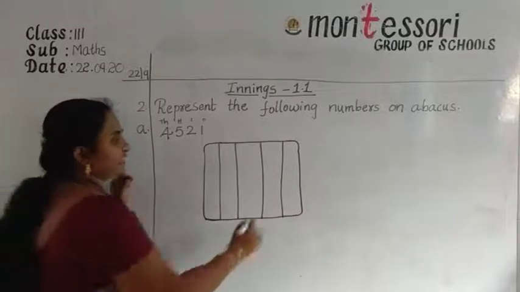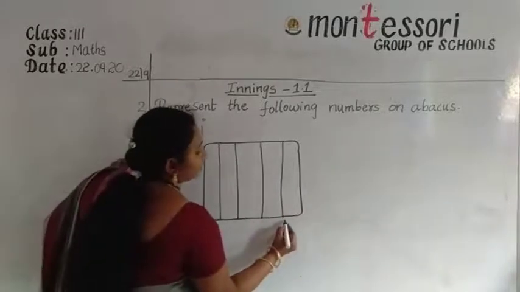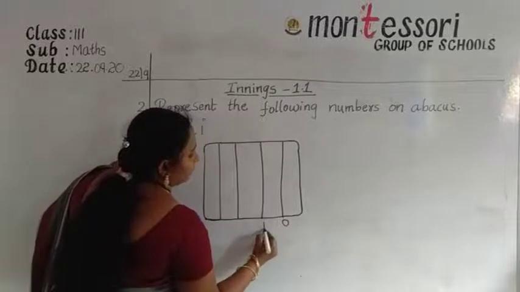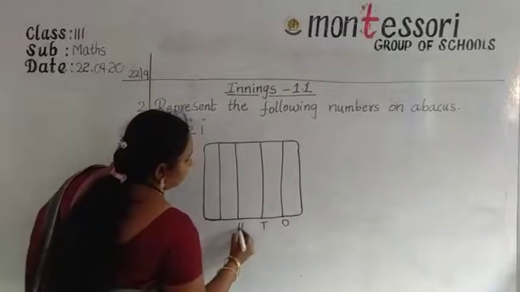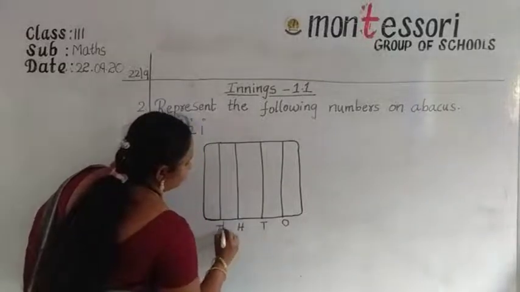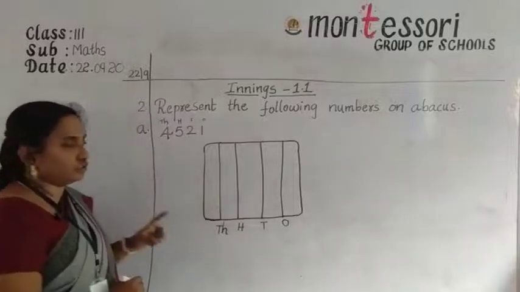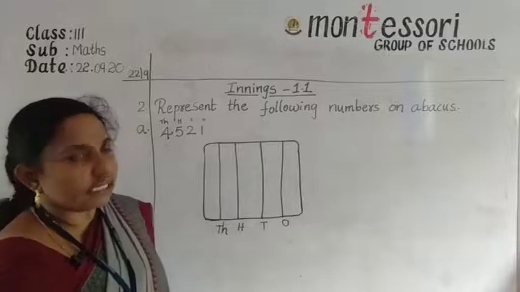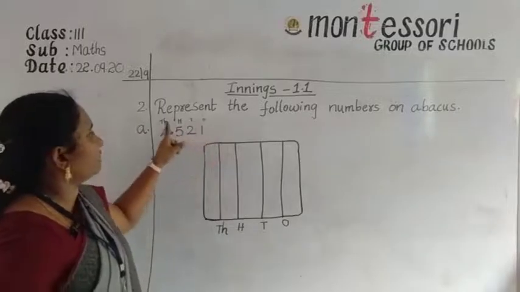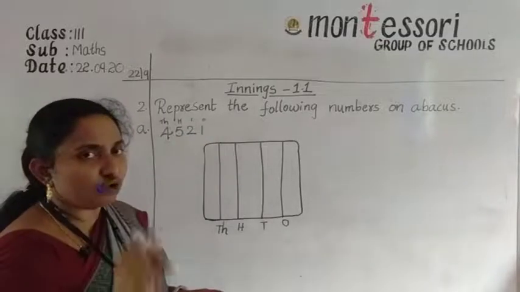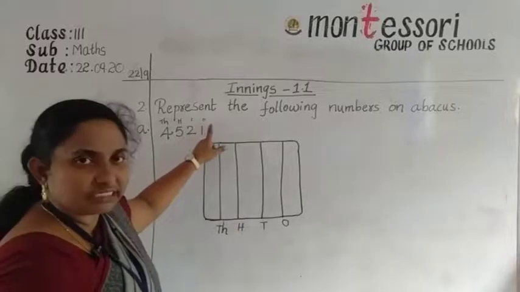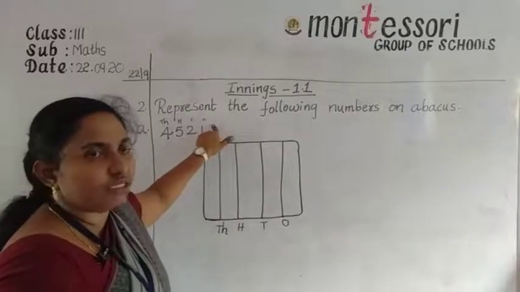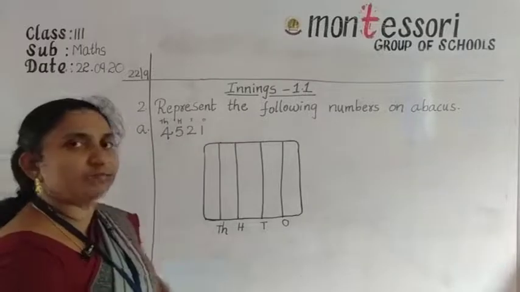And write the place values also with the pencil. Ones, tens, 100 and 1000. Okay, understood? This whole box and the place values you can write with pencil. You can write with small letters. Why? Because this is for your understanding purpose. You don't need to write it, but it's your wish.